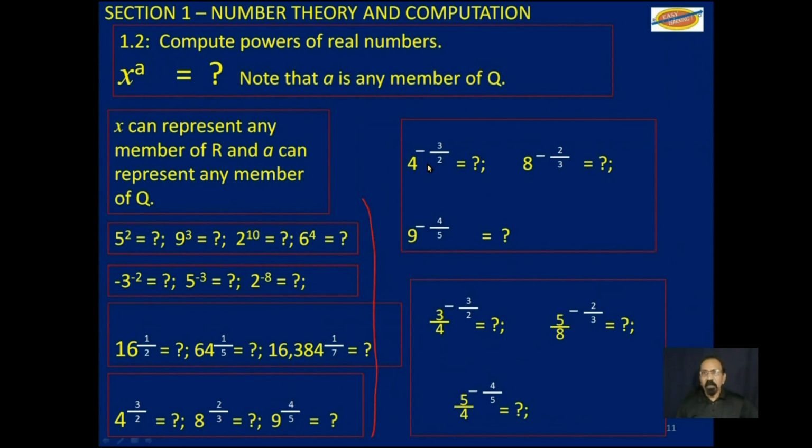Then they get a little more complicated, like 4 to the negative 3/2 power, or 8 to the negative 2/3 power, and then it gets even more difficult, 3/4 to the negative 3/2 power. So we will be looking at these in this objective.